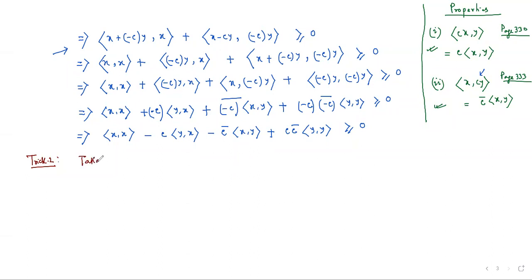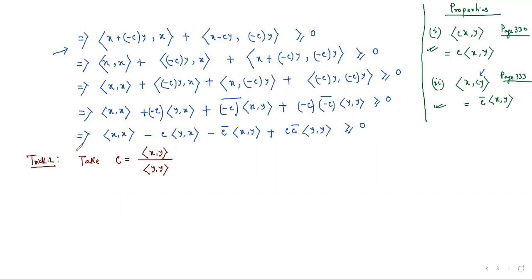Take the scalar quantity c as the inner product of x comma y divided by y comma y. If we do not select the scalar quantity c in this manner, you will not be able to prove the result. Remember, these stalwart mathematicians tried many hit and trial substitutions to find the ultimate solution.